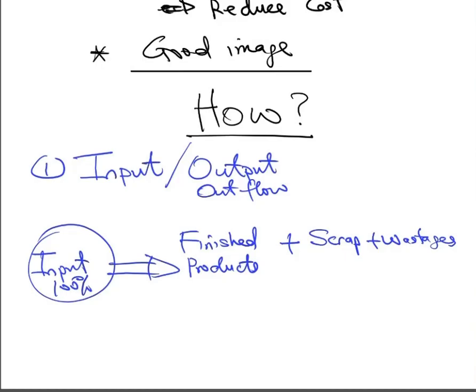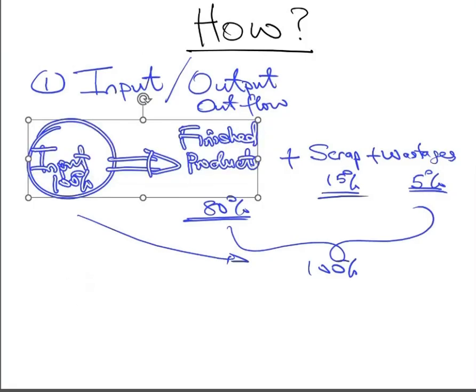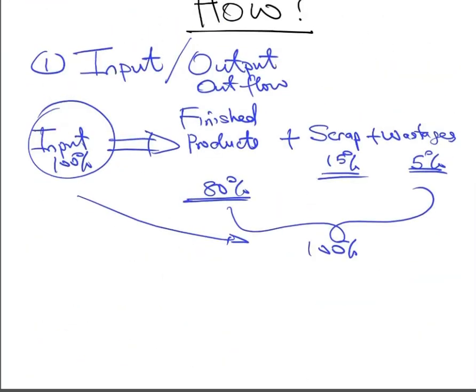If these finished products probably used 80% of the material, the scrap can be maybe 15%. Then wastage maybe 5%. But what is important is everything will still add up to this 100% that we used. That's what input outflow is. So what this method is saying is that if you understand this process, if you understand this flow, then you need to look for where your wastes are. Where are other things? Imagine if, let's say instead of 5%, this was 1%.